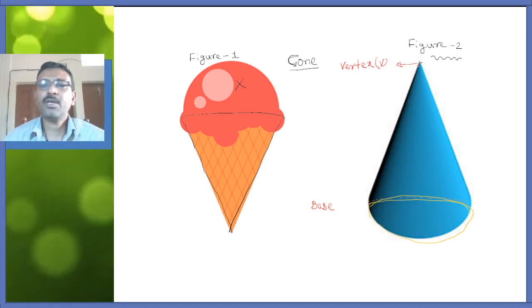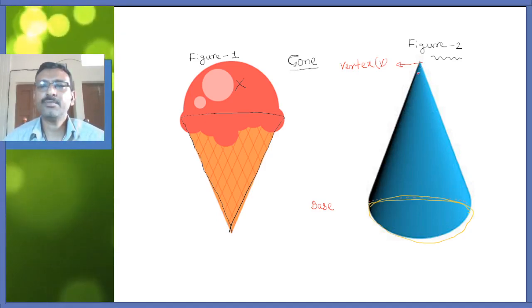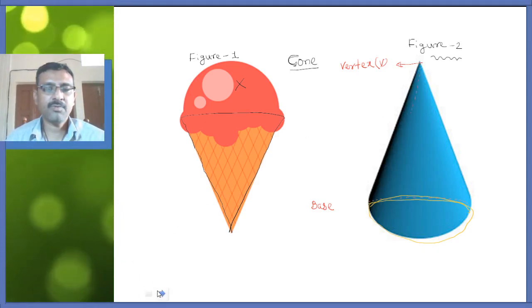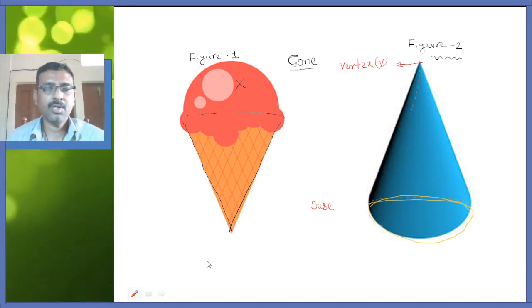So we can draw some lines through the vertex.